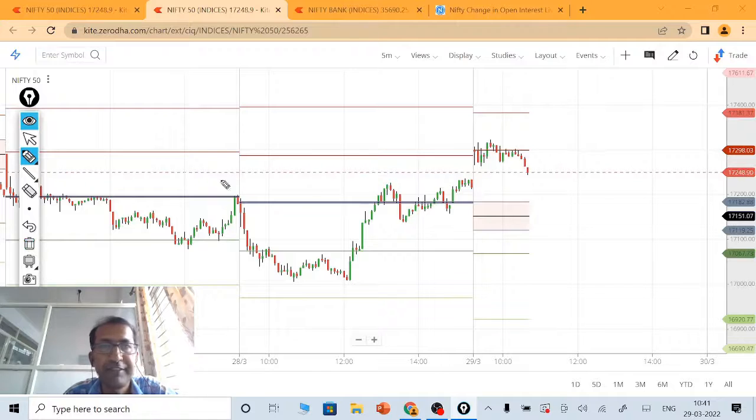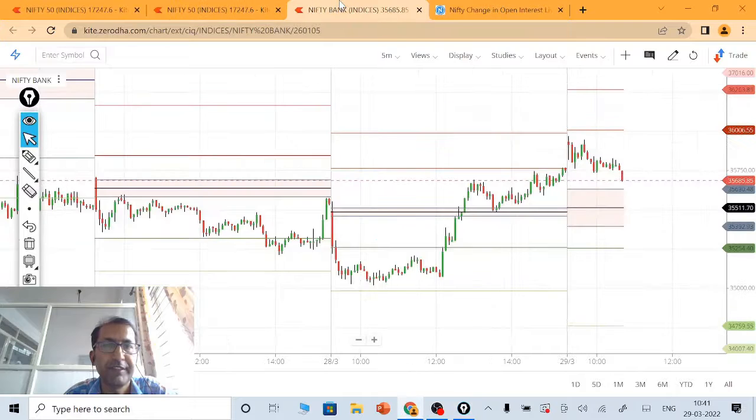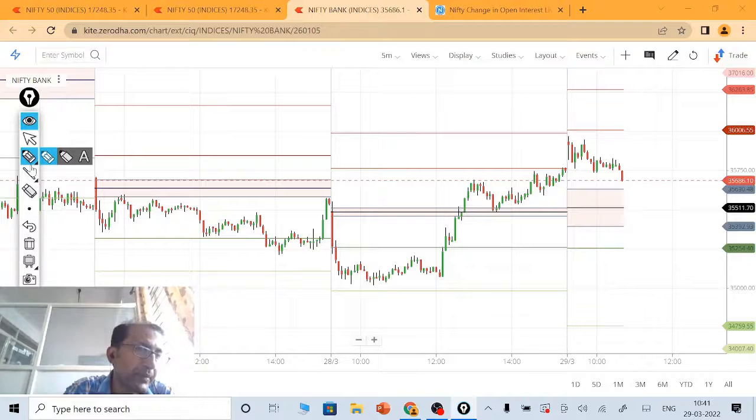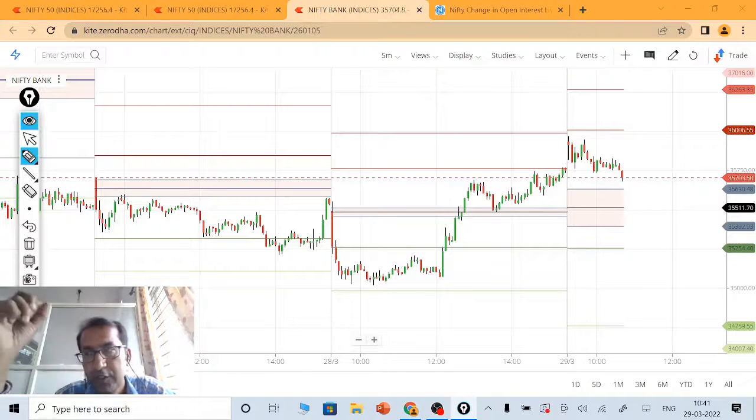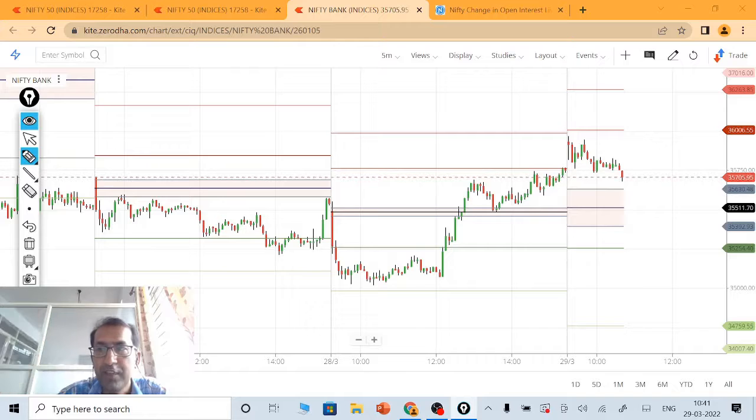Let me come to the Bank Nifty chart. Bank Nifty is another index which I am tracking. Even Bank Nifty opened gap up today. It is slowly going lower from the highest point of the day. Currently Bank Nifty is around 35,701.